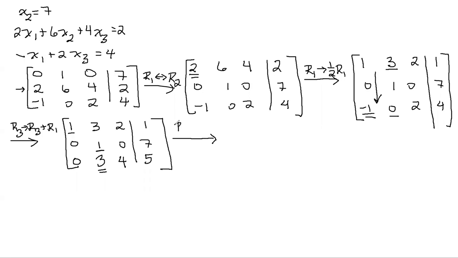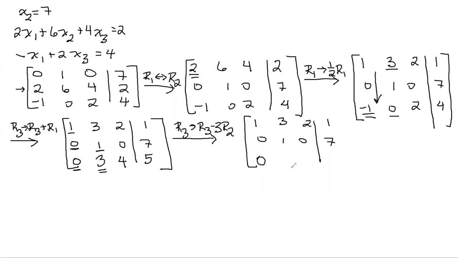So we're going to go ahead and take row 3 and replace it by row 3 minus 3 copies of row 2. So the first 2 rows remain the same because again, we're only trying to mess with the third row.